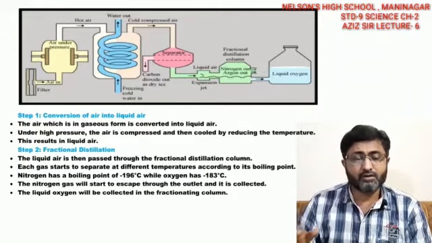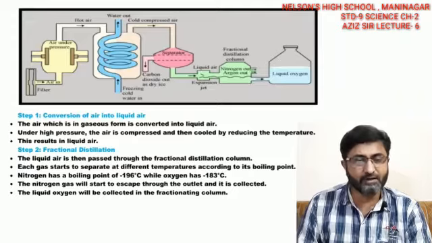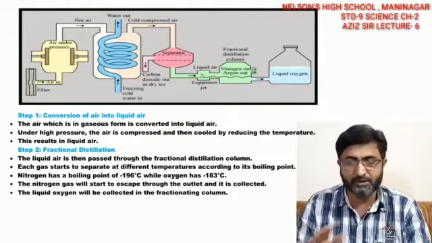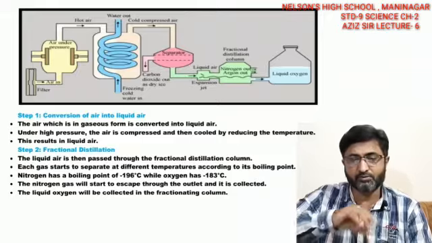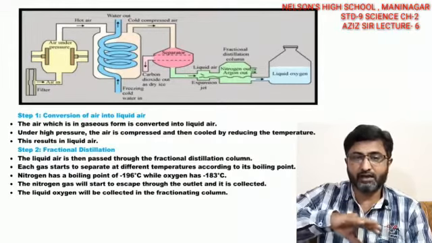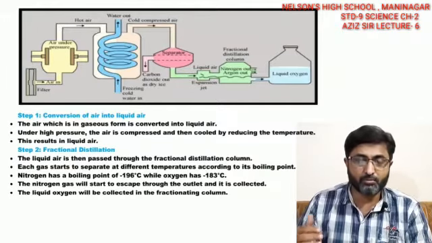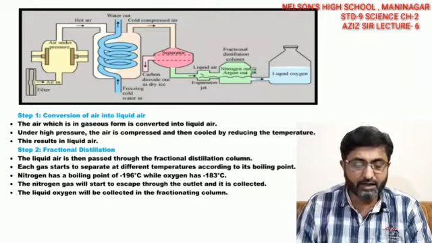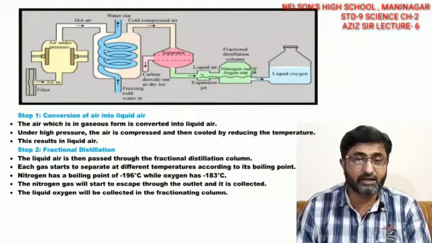Furthermore, the gas passes on, with some portion in the liquid phase and some in the gaseous phase. From the separator you can see the green portion at the bottom, the liquid, because the temperature has dropped below minus 183, as you see that the boiling point of oxygen is minus 183.